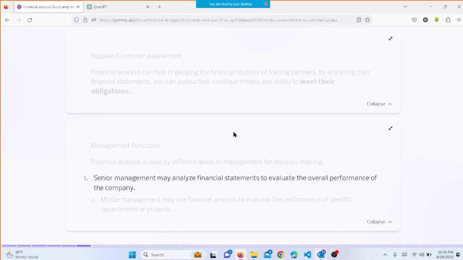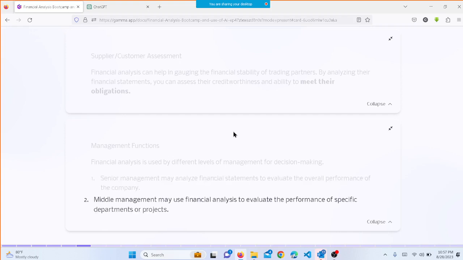The senior managers or the board of directors like to evaluate the financial analysis to understand the overall performance of the company itself, the return, the share prices, the overall profit, revenue, growth, those kinds of things where they can make vision and mission related decisions, strategy decisions, right? But the line management or the middle management would like to analyze the financial statement to understand their own particular area of influence.